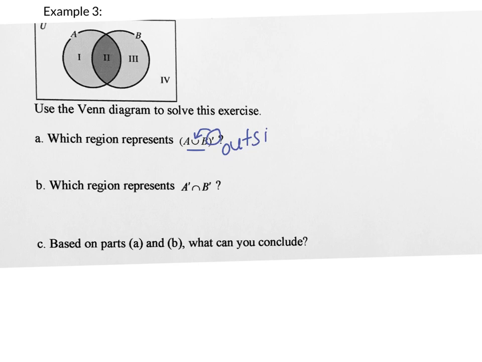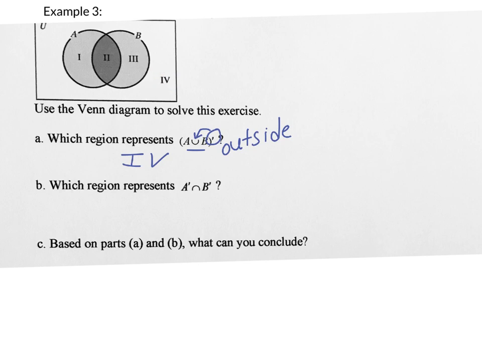So the opposite of inside the circles is obviously what's outside the circles. So the region that's referring to is region 4 with the Roman numerals. So region 4, everything outside the circles, represents the complement of the union of A and B.